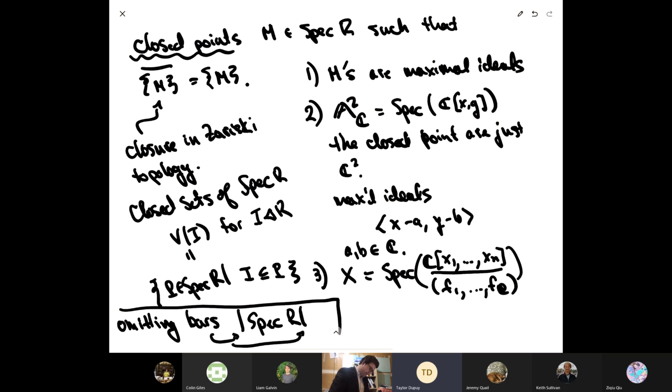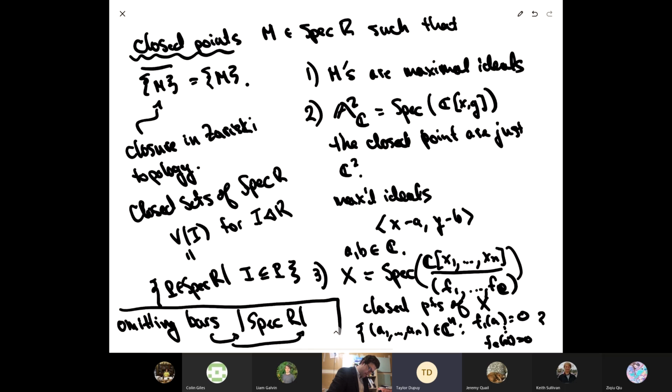then the closed points of X are the set of (a1, ..., an) in C^n such that f1(a) = 0, all the way to fe(a) = 0.